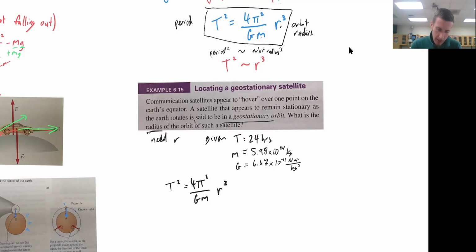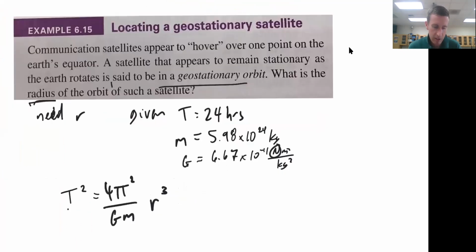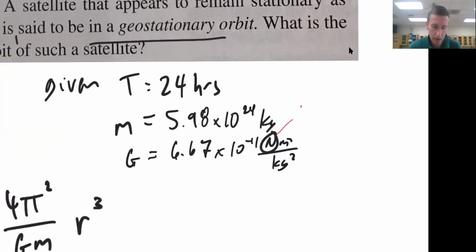Where do I get rid of hours? Do I need to convert that to seconds? Because newtons, oh, here it is. Okay, so it breaks down to newtons, and this gets down to the definition of a newton. A newton is kilograms meters per second squared, right?